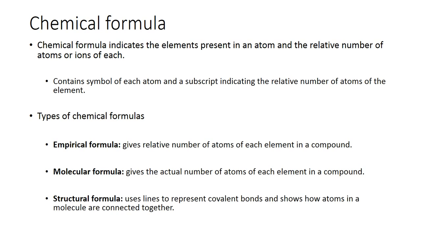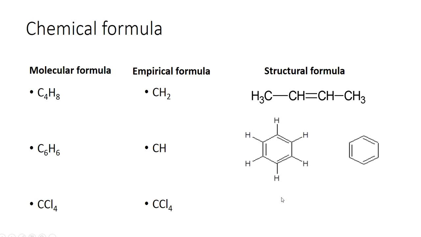Then we have the structural formula. This one uses lines to represent covalent bonds and shows how atoms in a molecule are connected together. We are not going to use much of structural formula in this class, but these two, empirical formula and molecular formula, are very important to know for this class.